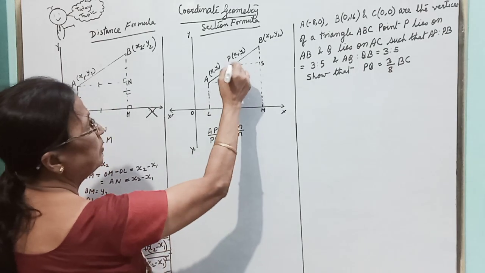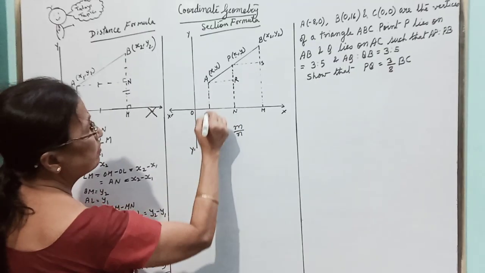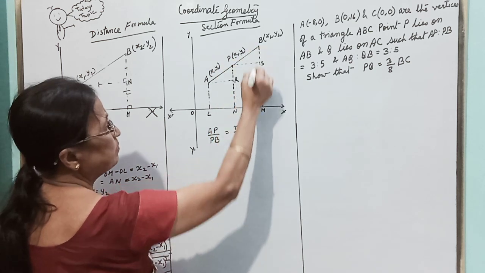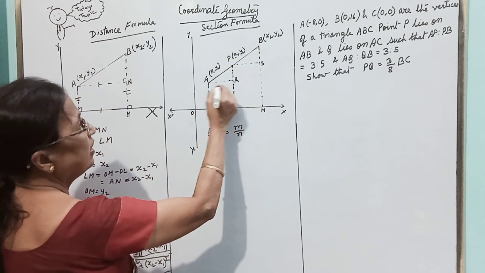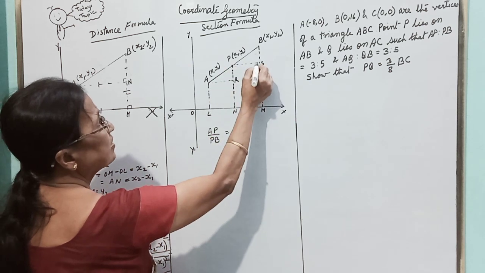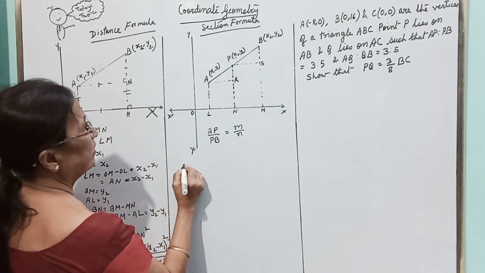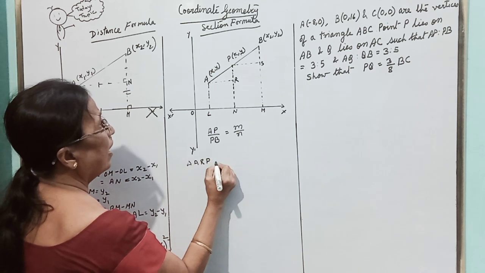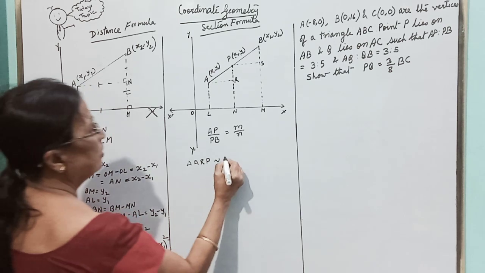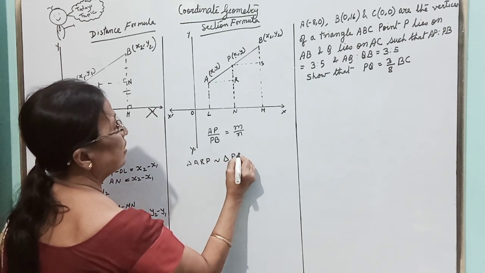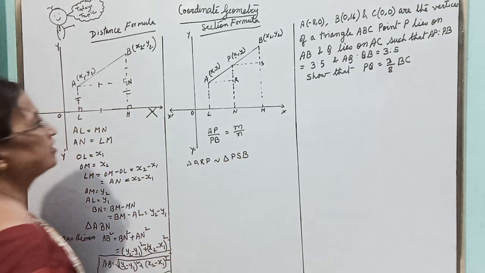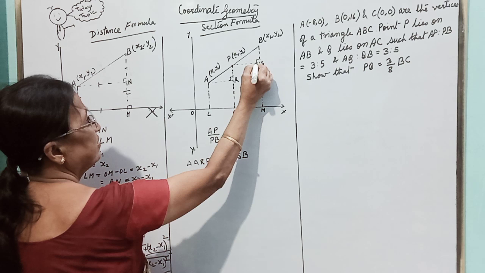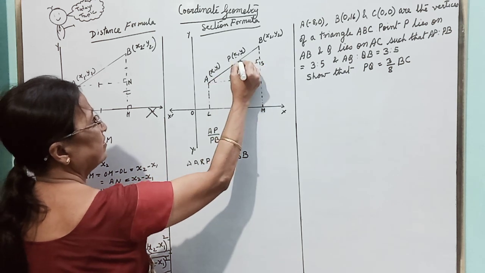This is given: AP by PB is equal to m by n. Now from A we have drawn the perpendicular AL, from P, PN, from B, BM. Now look, triangle ARP and triangle PSB are similar. This is 90 degree, this is 90 degree, these two are perpendicular, and this angle is the same.